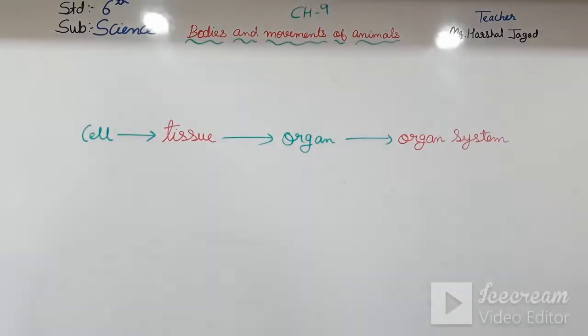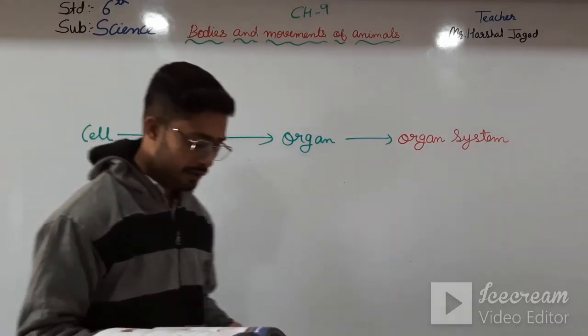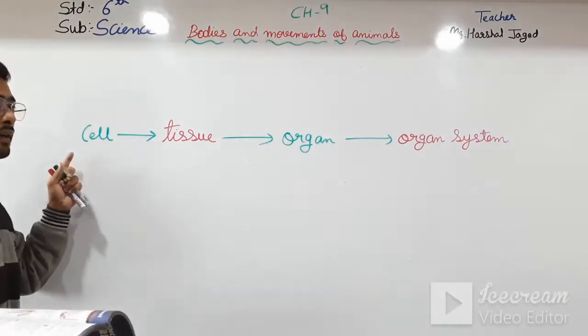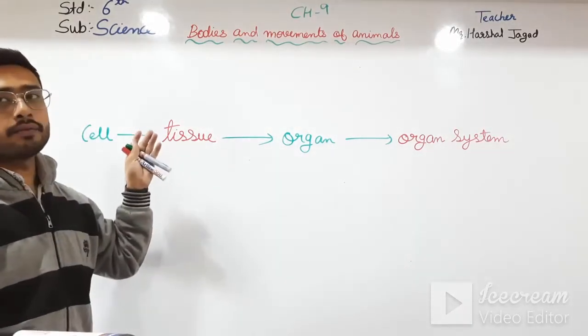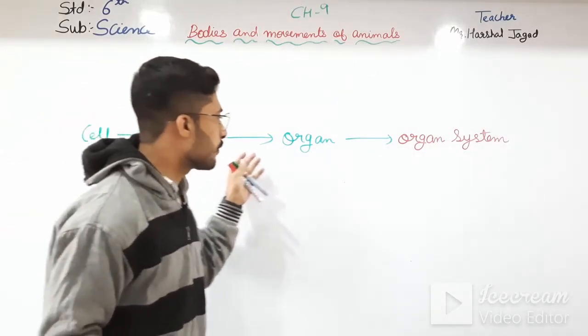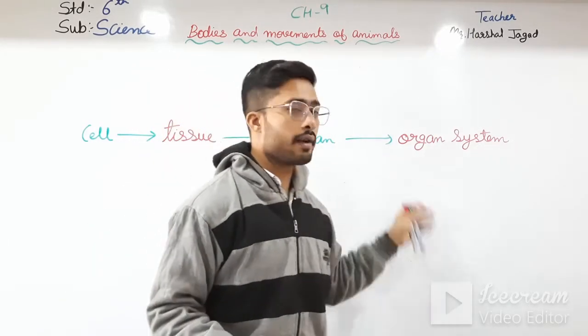Students, I am writing it again. Cell is known as the basic structural and functional unit of the organism. First a single cell, then many cells combine to form a tissue, many tissues combine to form an organ, and organs combine to form an organ system.